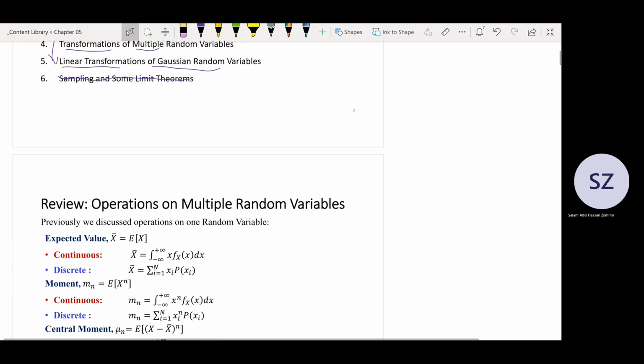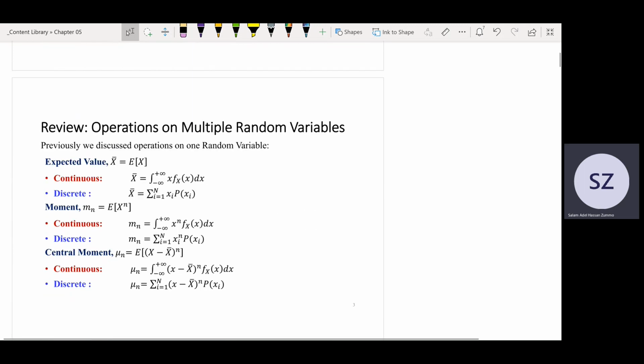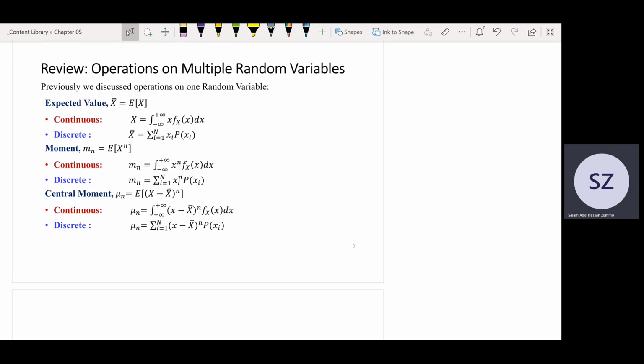So this is what we have covered until now, and this is the plan as we said. We'll start today with some review of what we have done in chapter 3 about the operations on one random variable.